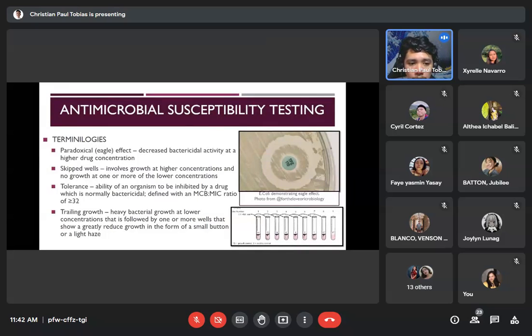Yung picture dyan, okay? Yung picture dyan is the E. coli demonstrating eagle effect. So, ganyan yung itsura ng eagle effect. Okay, this photo is from our source. When we say paradox kasi, paradoxical eagle effect, self-contradicting. Ang nangyayari dito, di ba ito yung antibiotic nyo? So, near the area of your antibiotic, mataas ang concentration.